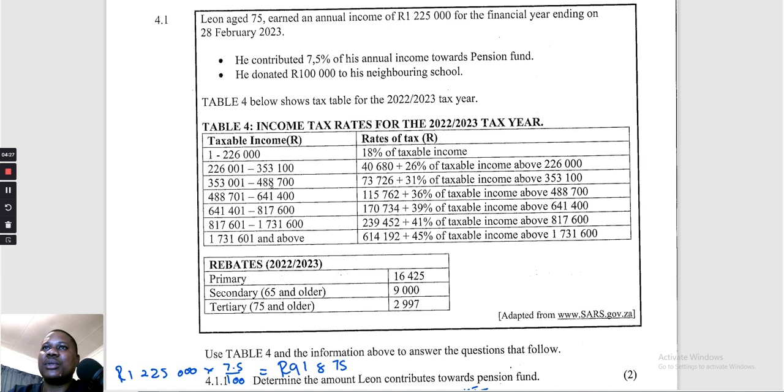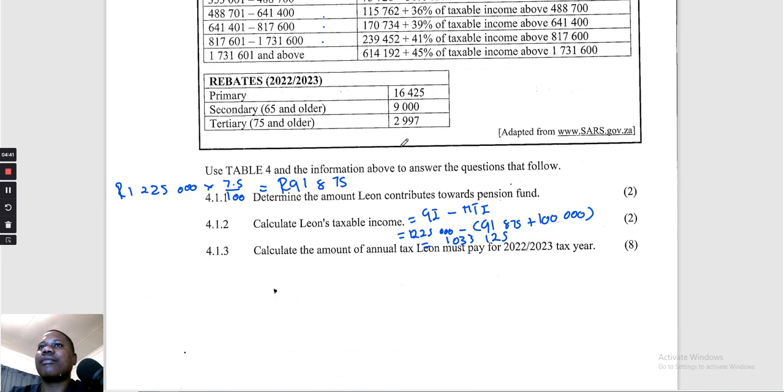No. Is it between here? No. Is it between here? No. Is it between here? No. Is it between here? Yes. Which is bracket number? Let's count: 1, 2, 3, 4, 5, 6. Therefore, we're going to go with tax bracket 6.